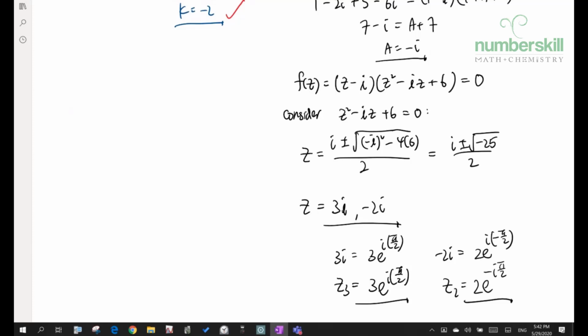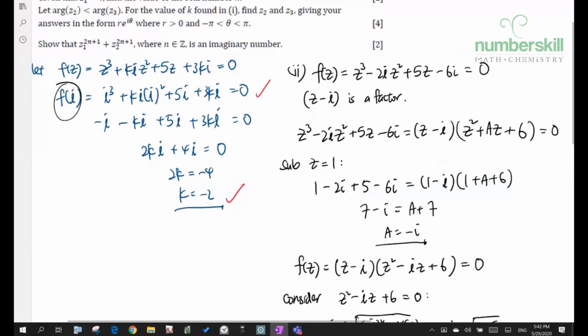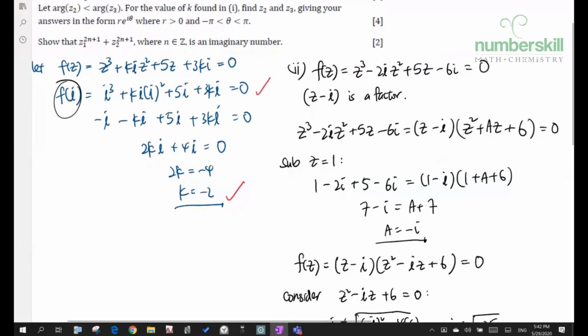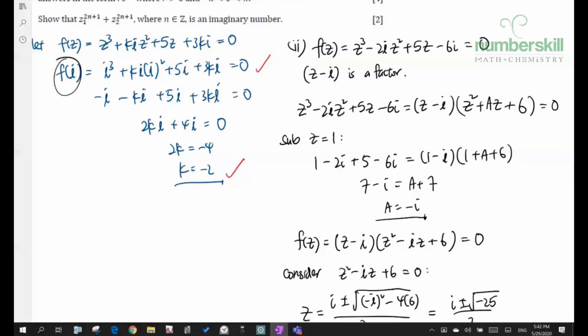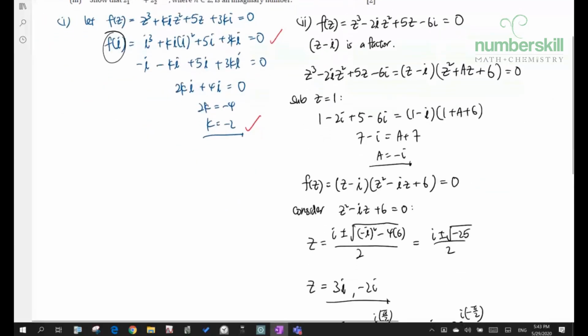5 marks, right? Hold on, is it 5 marks? I forgot. Only 4. So how am I going to distribute the 4 marks? It's like now we have the loot, and we have to distribute the loot. I would say that's pretty obvious. Being able to factorize it up to here deserves 1 mark, and something in between.